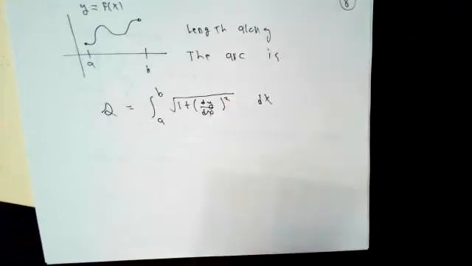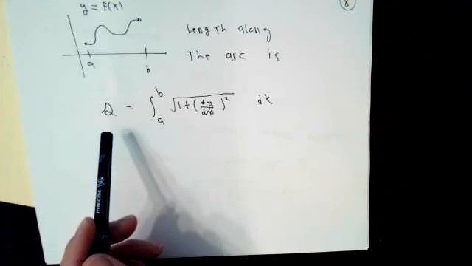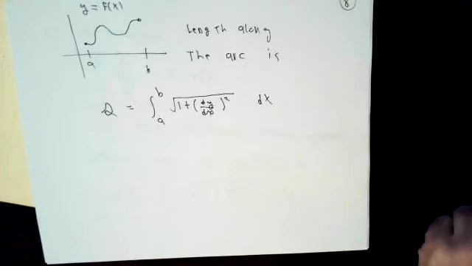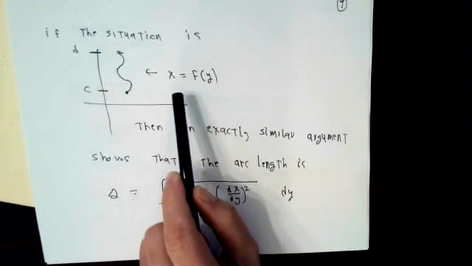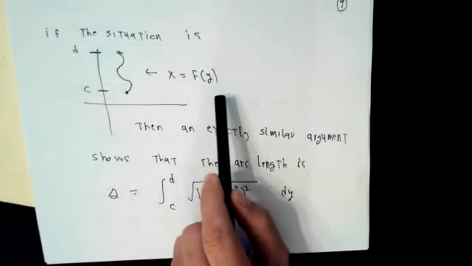Many books use the lowercase script letter s for the arc length, so I'm going to habitually do that.